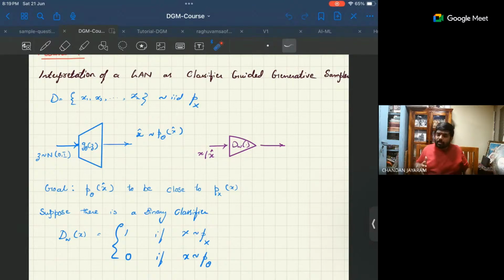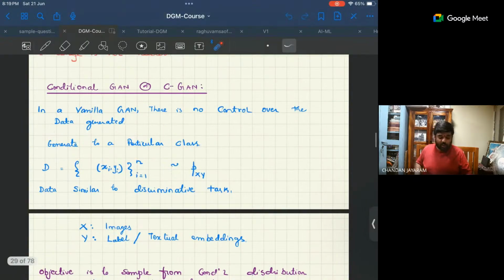So what do I do for it? Can I include this in my GAN training is the question. As it turns out, yes, and that is the next idea we shall be looking into, what is called a conditional GAN. The idea is pretty simple here. Rather than just giving X as input, in addition to that we give Y also as input. That's all the idea. Now let's see how it works.